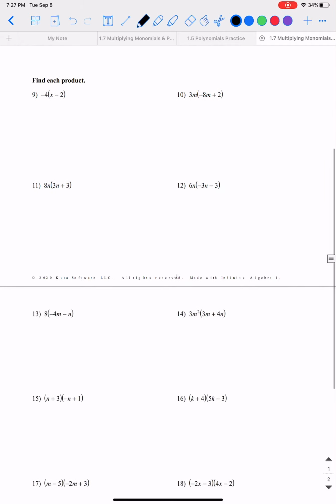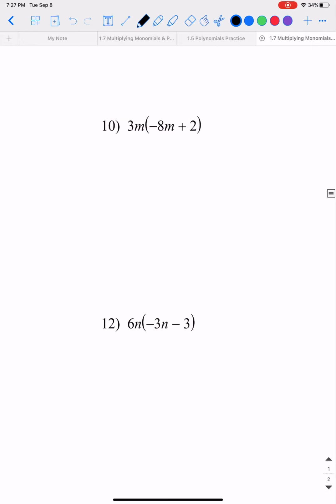Okay, then on numbers 9 through 14, we're going to have to use the distributive property. So let's do number 10 as an example. Remember, the distributive property tells us that we're going to take this term outside the parentheses and we're going to distribute it to each term inside the parentheses. So first, I have 3m times negative 8m. So this works just like the product rule that we did in number 1.